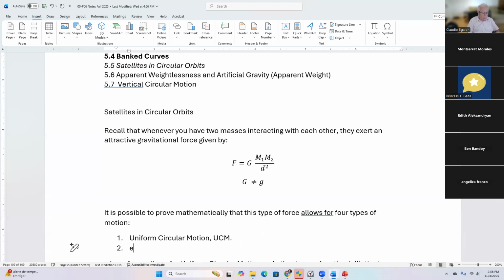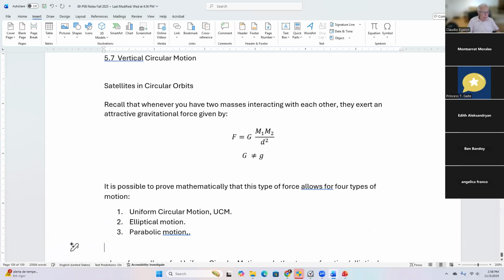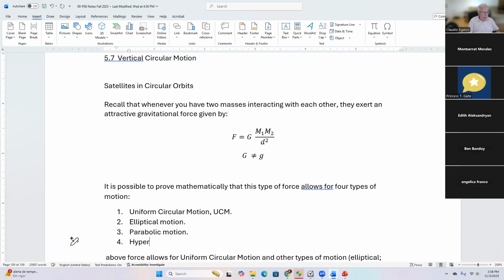2, elliptical motion, parabolic motion, and hyperbolic motion, hyperbolic path, okay.